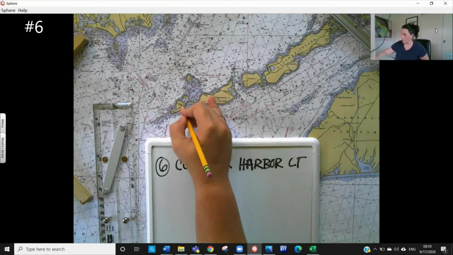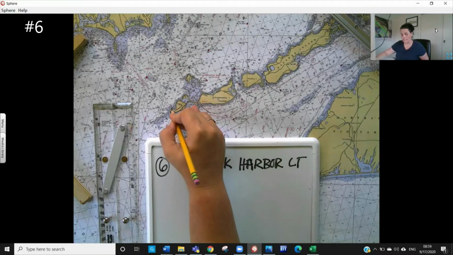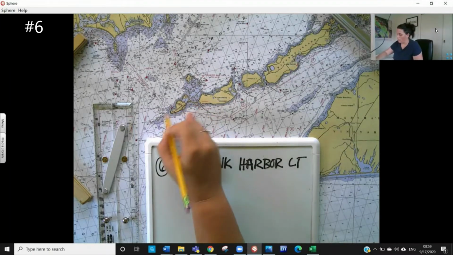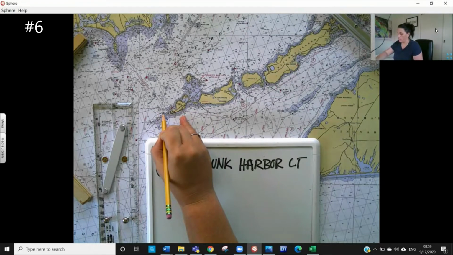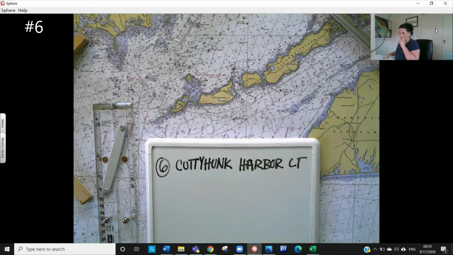We have the lookout tower we use sometimes, and then this is Cuttyhunk Harbor, and we have a light at the entrance. To double check we have the correct light, we can check the light characteristics. It is a quick flashing at 63 feet tall, nominal range 12 miles. So check, this would be the correct light.